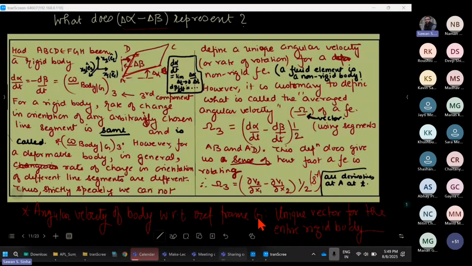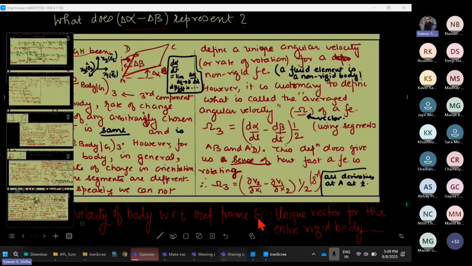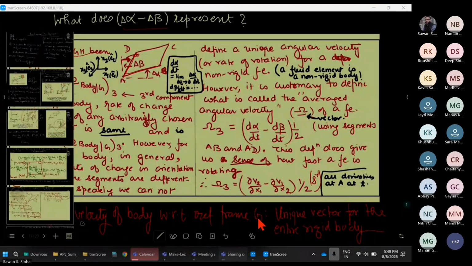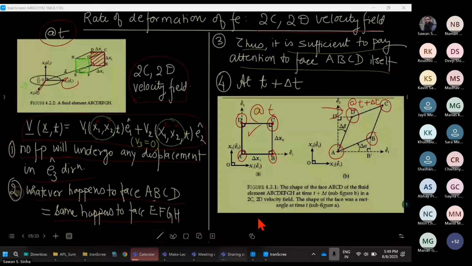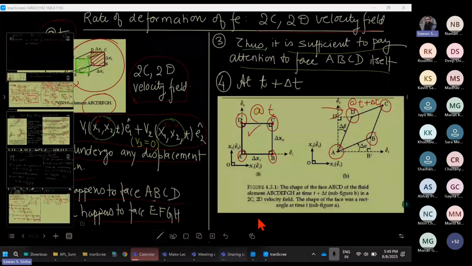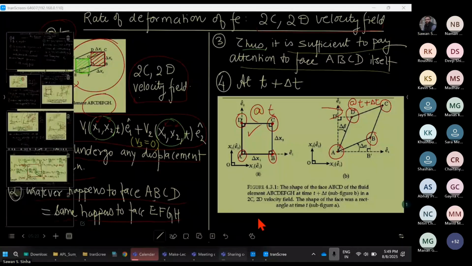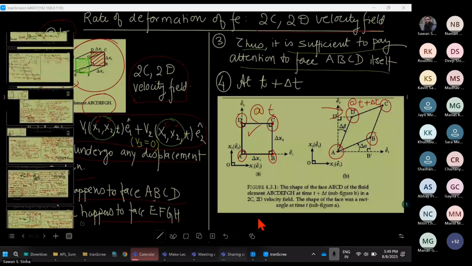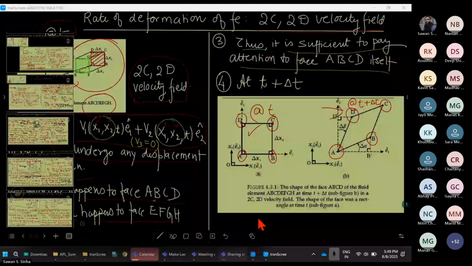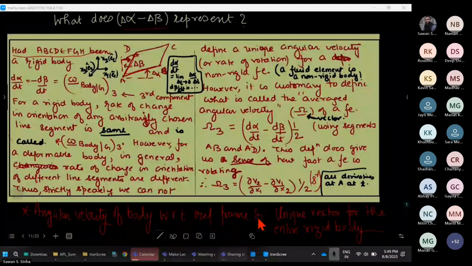Had A, B, C, D, E, F, G, H, the fluid element that I have been talking about, same fluid element, been a rigid body, d alpha dt must be equal to minus d beta dt.